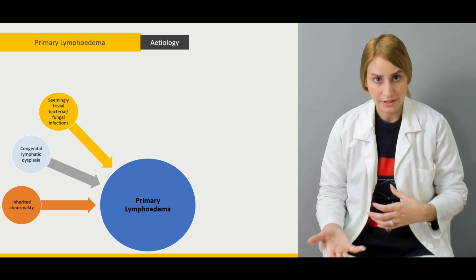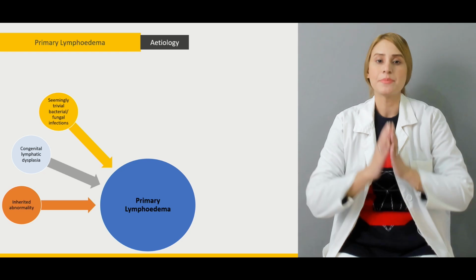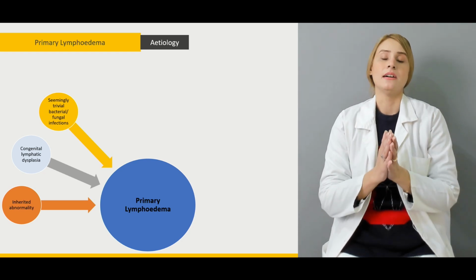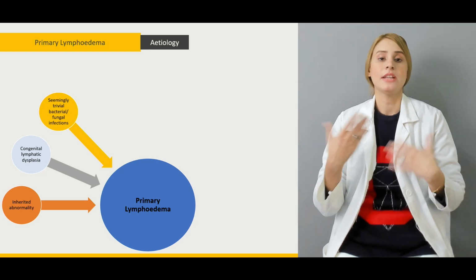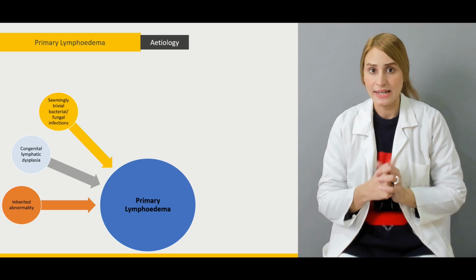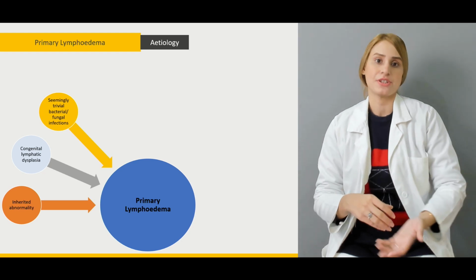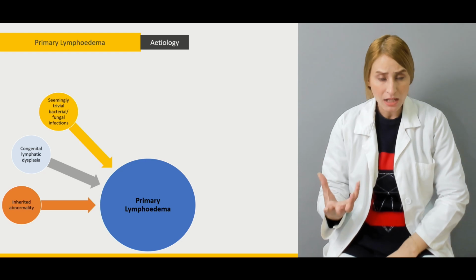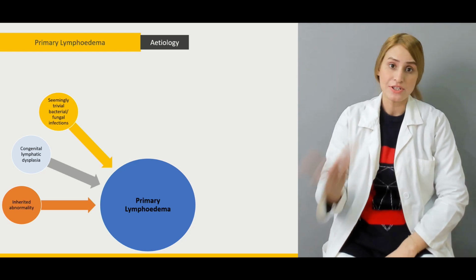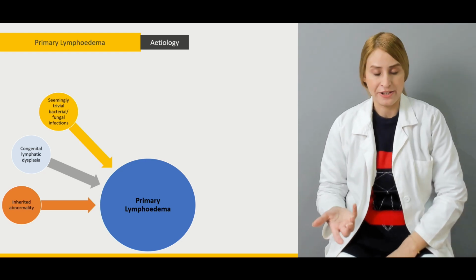So it is considered that there is some kind of abnormality in the lymphatic system. It can be congenital, it can be sporadic. So those patients are most of the time prone to develop the lymphedema after the lymphangitis or lymphadenitis.